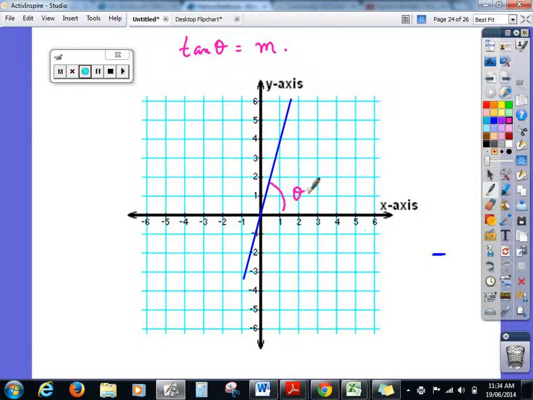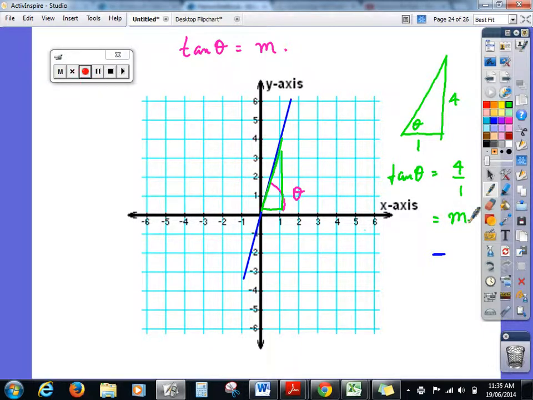If you look at the triangle that's been made, this triangle goes up there, down there. It's 1 across and 4 up. So tan theta would equal 4 over 1. Remember, 4 is the vertical rise and 1 is the horizontal run. So tan theta must equal the gradient.